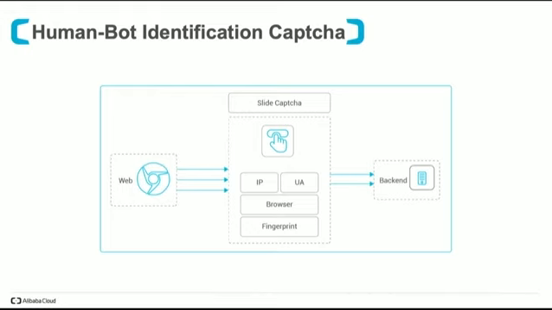And then in the gray area, let's say if we think that's not normal activity, but it might be possible a human could do this, then we'll put a CAPTCHA on that.